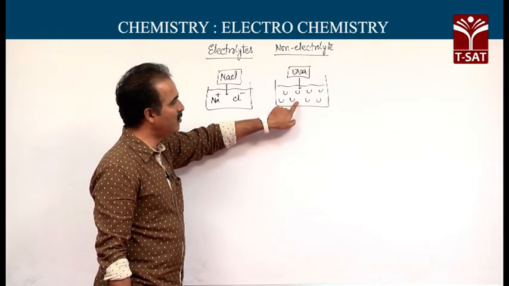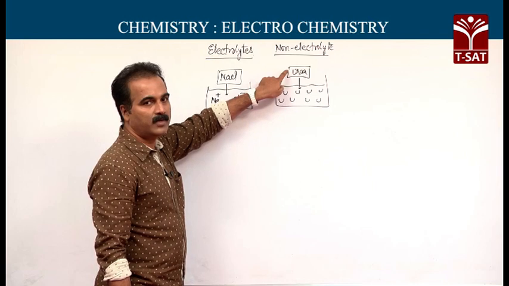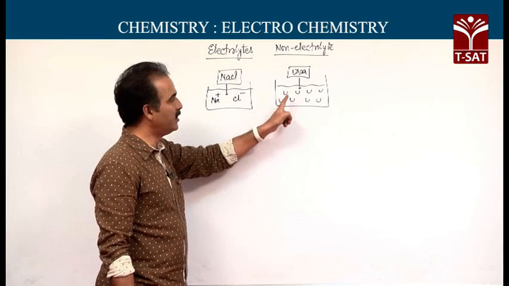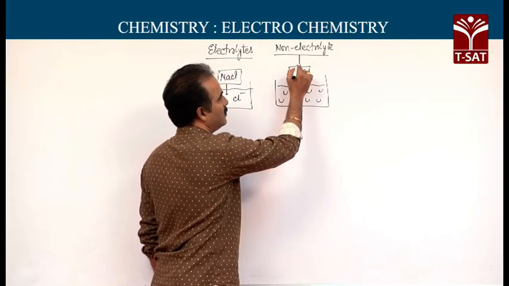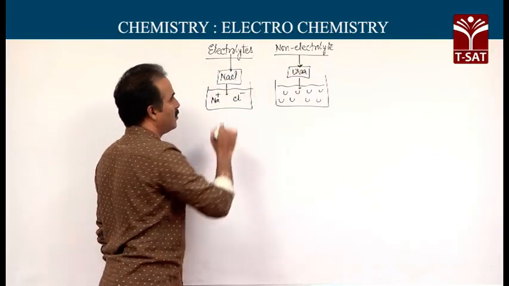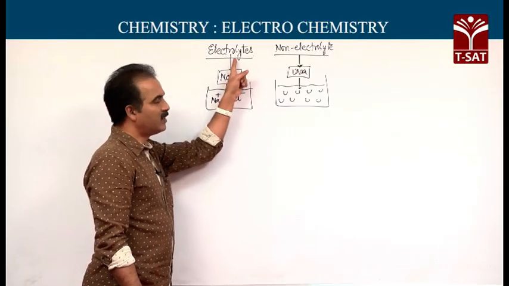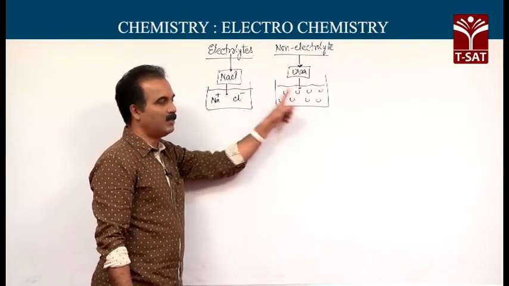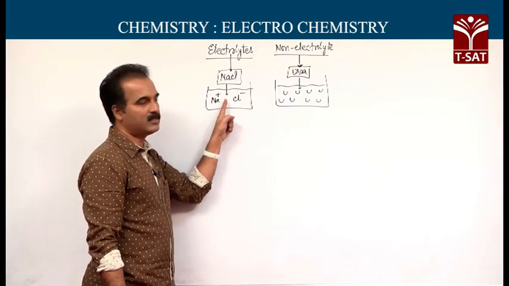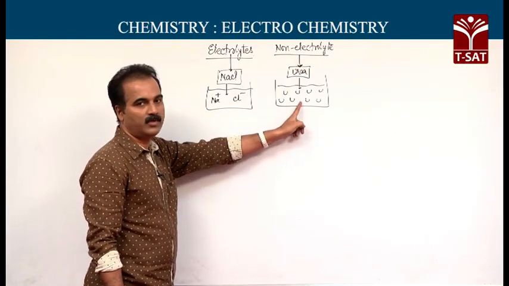So, this is dissolved urea, this is crystalline urea. It is soluble, but it does not produce ions. So, we call this a non-electrolyte, whereas NaCl we call an electrolyte. Both are soluble in water, but an electrolyte produces ions, and a non-electrolyte does not.